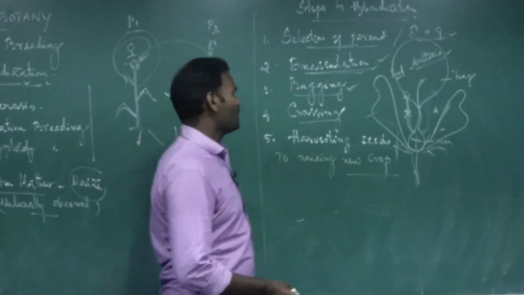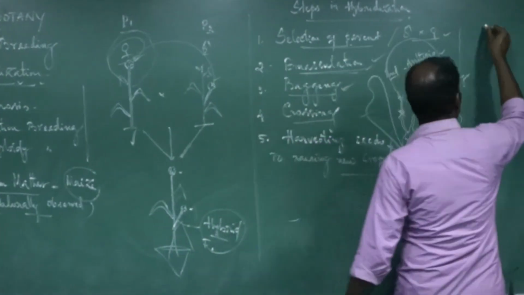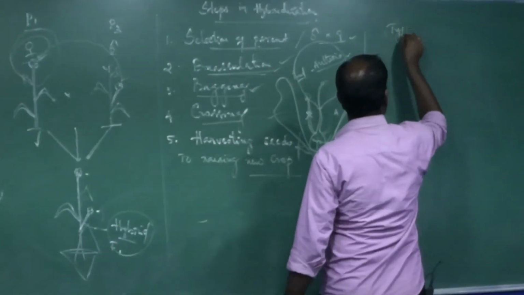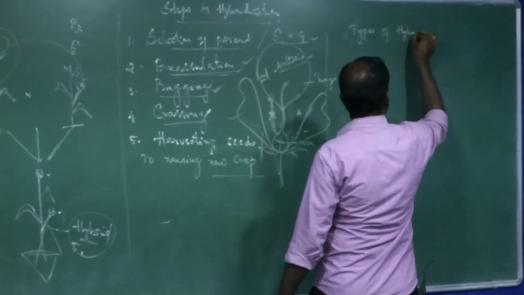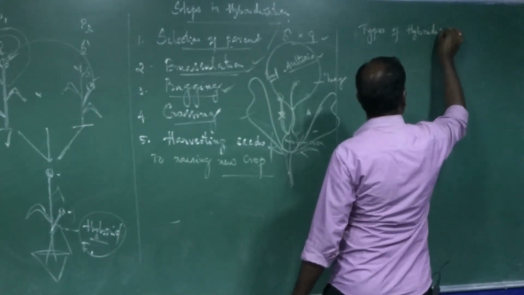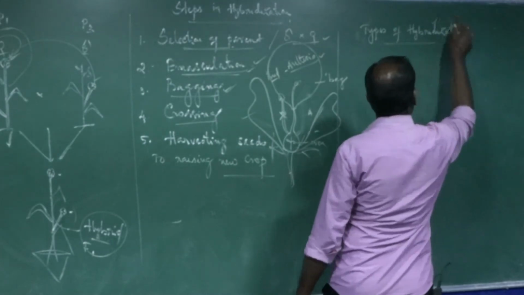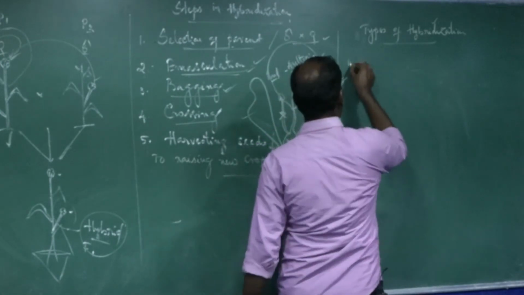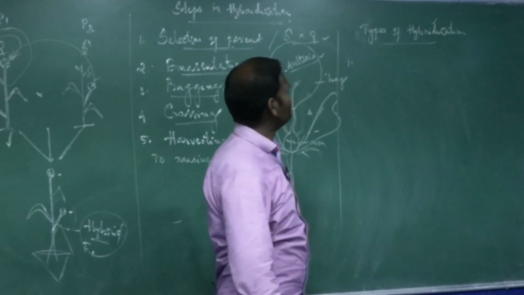Next, what are the types involved in hybridization? Types of hybridization. Based on the relationships of the plants involved in hybridization, there are 4 types.